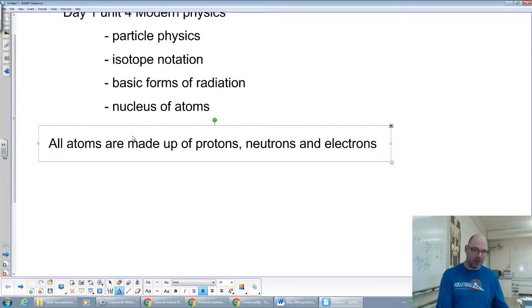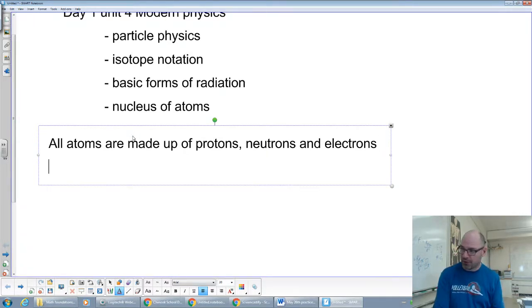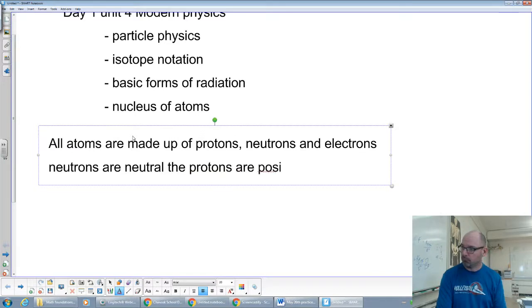We're going to look at some radiations. We know that the neutrons are neutral. The protons are positive. And electrons are negative.